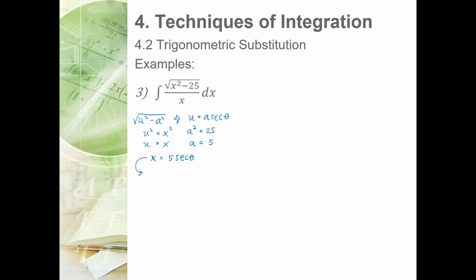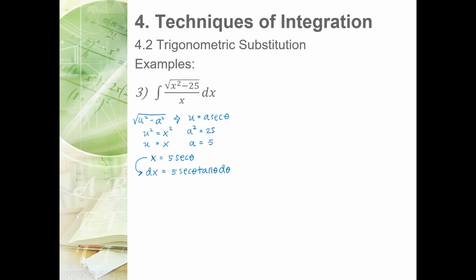So it's a procedural, step by step process in the trigonometric substitution. So next is dx, then 5, then the derivative of your secant theta is sec theta tangent theta d theta.